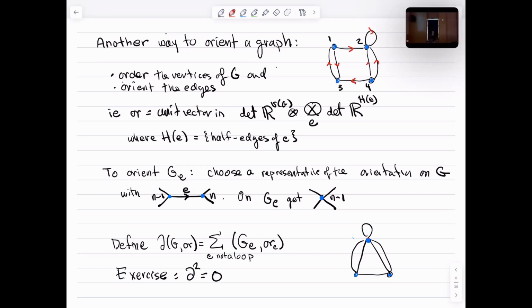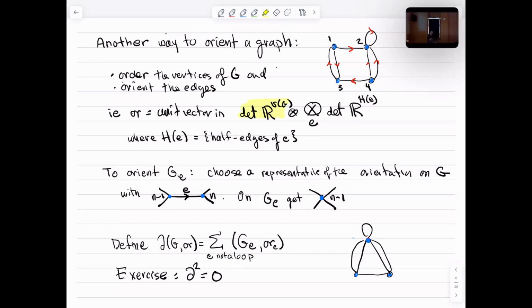And in order to change the orientation to its opposite, either I switch an arrow on the edges, or I do an even permutation of the vertex labels. Those are 2 ways to change the orientation to the opposite orientation. So in algebraic terms, an orientation is a unit vector in the following one-dimensional vector space.